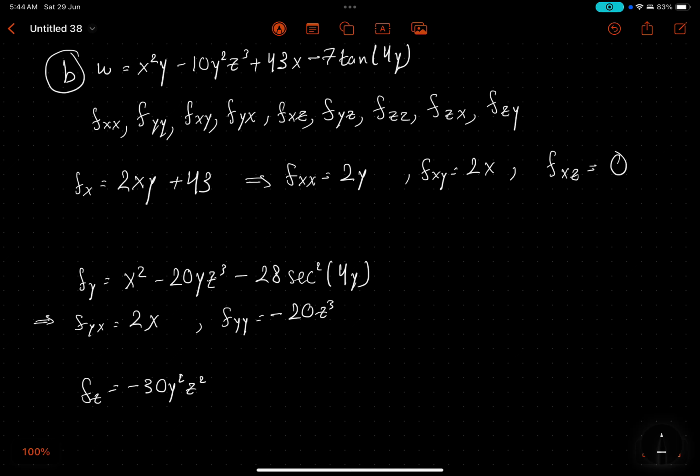and then we want to take the derivative of secant squared, which is, so secant squared is 1 over cosine squared. Okay.